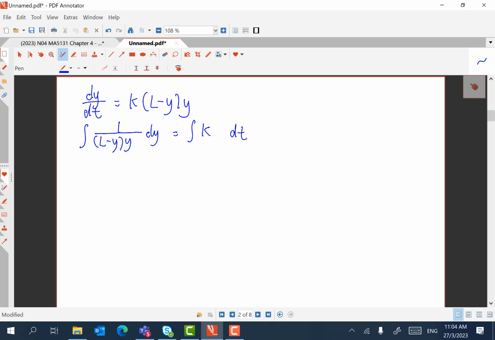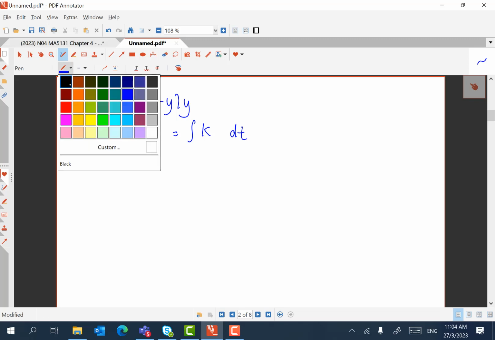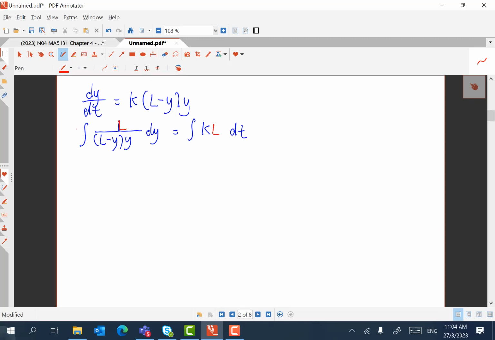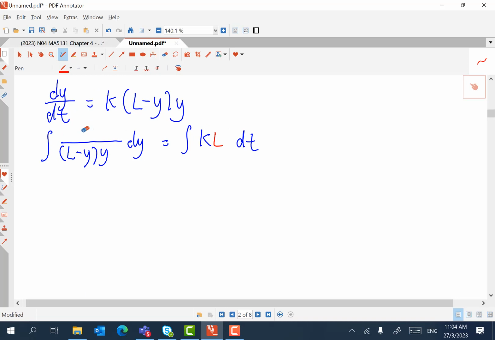And now I'm going to do something about it. Make no mistake, I've introduced something on the left and likewise the same thing on the right. I have placed the letter L both on the left and on the right.